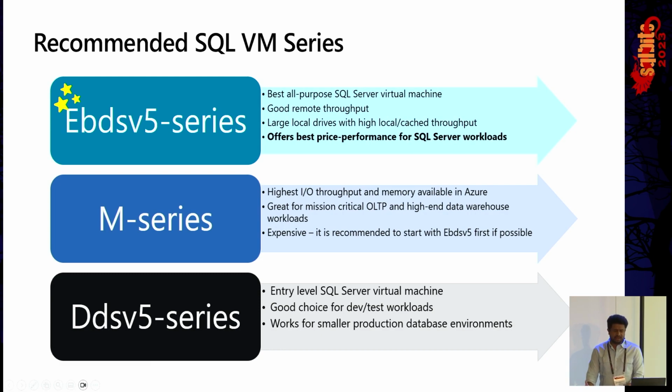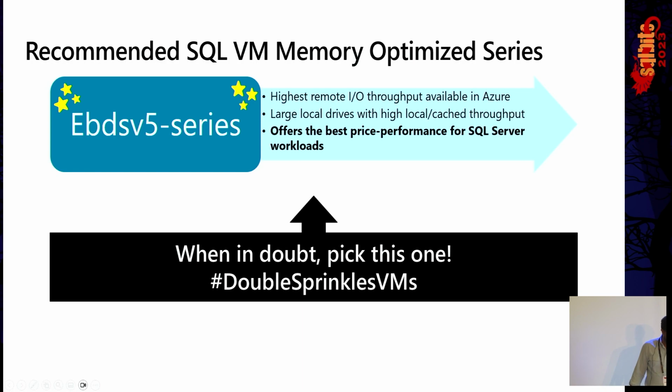D series are one of the best VMs for the entry level. But always we recommend Ebdsv5 VM series for SQL Server workloads on Azure. Okay? So as I said, once again, when in doubt, pick Ebdsv5. So this is a golden rule for every workload that has to run on Azure. Cool? Make sense?